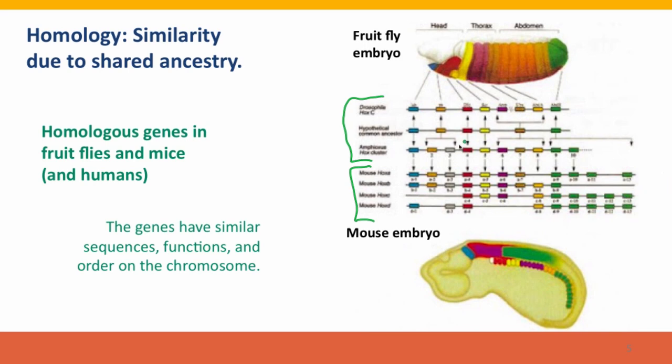And we see that the genes are similarly colored for similar parts of the embryo, and they're arranged similarly on the chromosomes. They also, although you don't see that here, have similar sequences. And we now know that genes like this control embryonic development in all animals, and that these genes are similar because they are descended from a common ancestor of all animals that controlled its development with these genes.